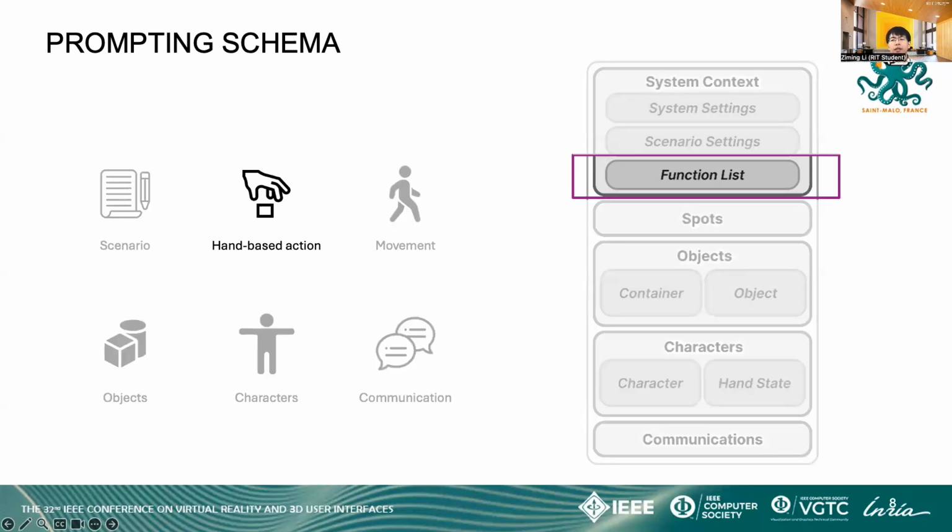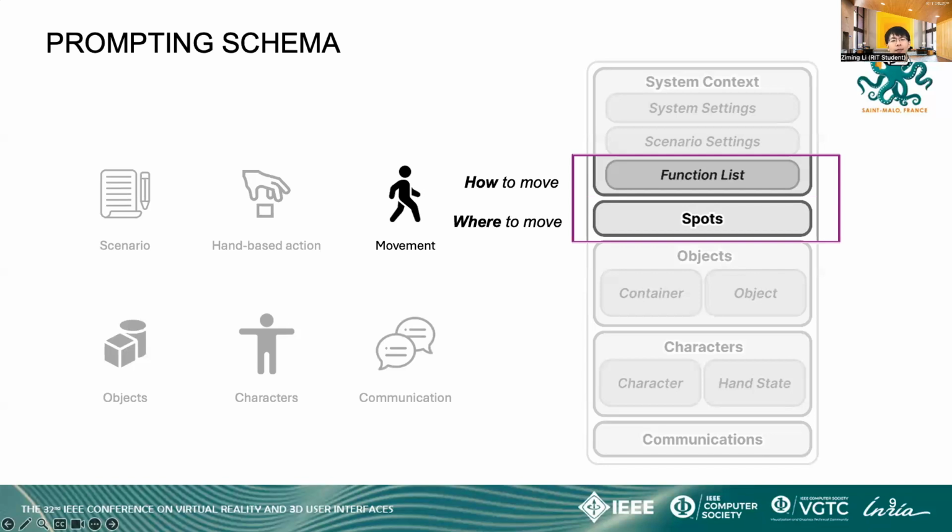Specifically, in the function list within the system context, we define a list of hand-based actions with objects for the agents, including grabbing, releasing, poking, and pointing. The function list also includes agents' movement cues, and the spots component defines different locations for the agent to move within the scene.